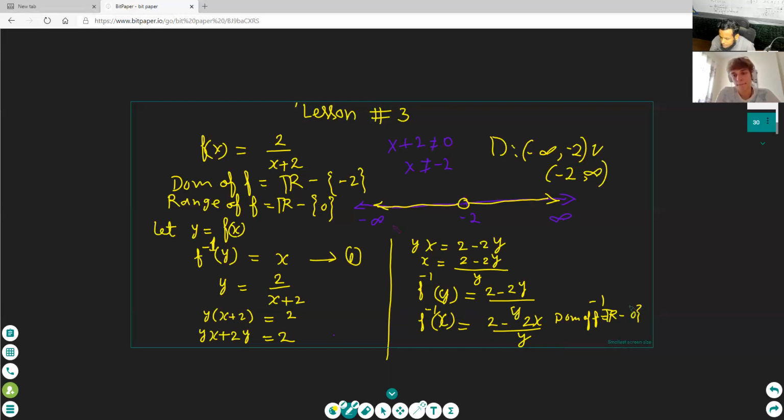And the range will be the domain of f. This function's domain will be the range of f inverse. The range of f inverse is equal to R minus negative 2. Clear?